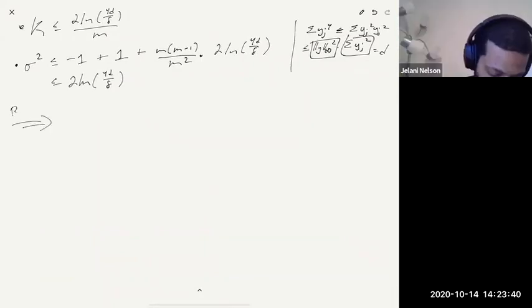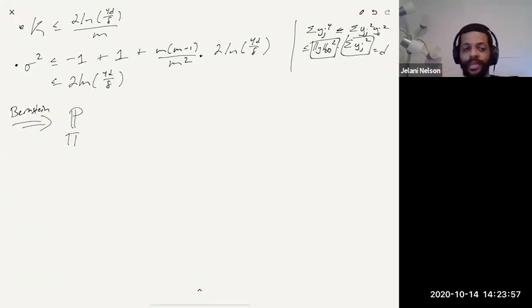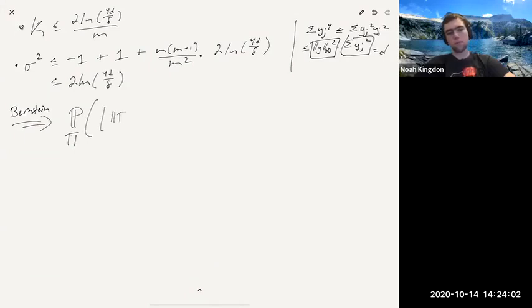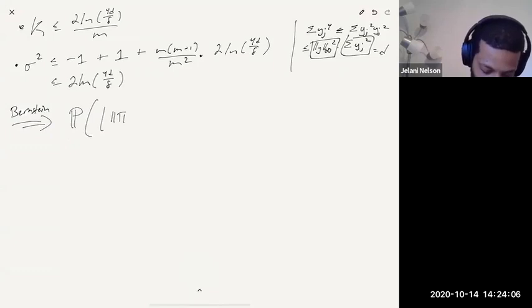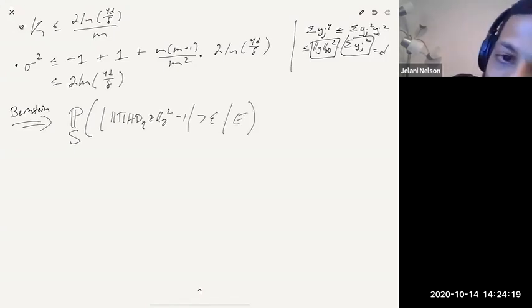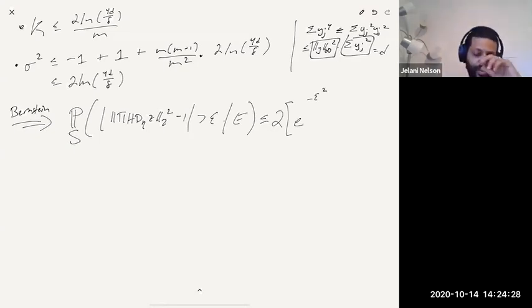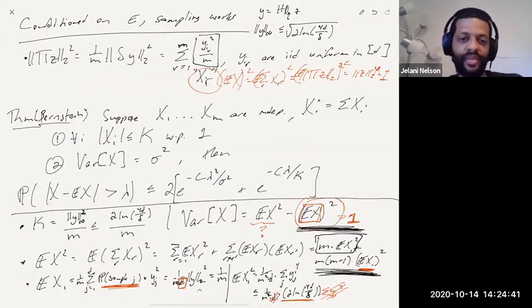So this implies, all by Bernstein, that the probability over pi really, which includes both the randomness from S as well as the randomness from eta, let me just say randomness over S. The probability that the L2 norm squared of Pi h d eta z minus 1 is bigger than epsilon, conditioned on event E, is at most 2 times e to the minus epsilon squared over... So that's why I'm almost certain I lost a factor of m. Let me just be a little careful here.